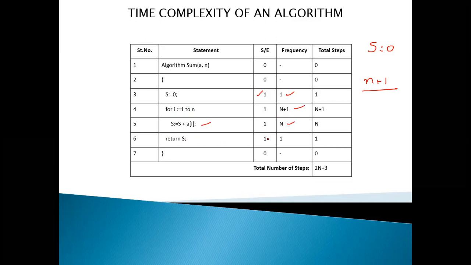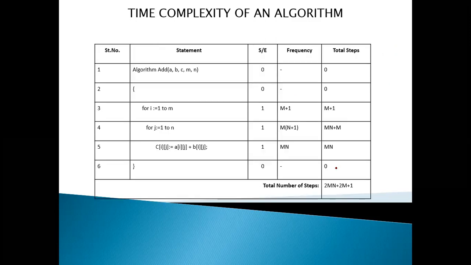This is also an executable statement, so one time it will be executed, and these two values get multiplied. The sum of all the values is 2n plus 3. So 2n plus 3 is the time complexity, that means 2n plus 3 step count. This is an example for the step count method.